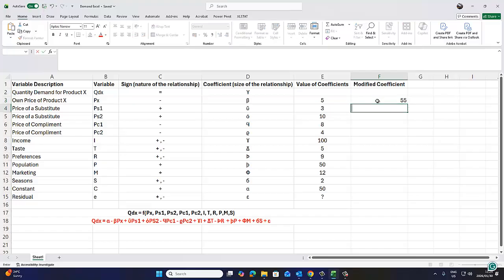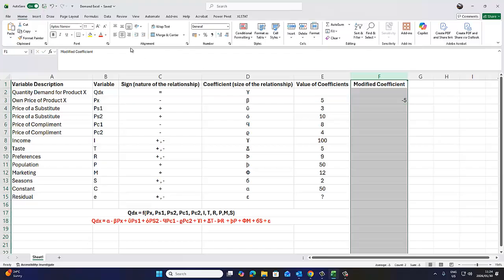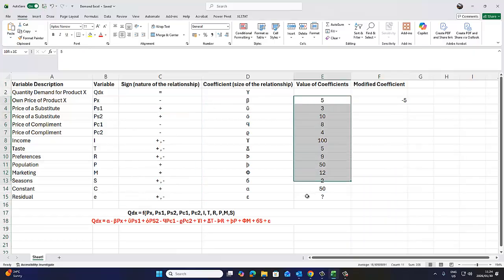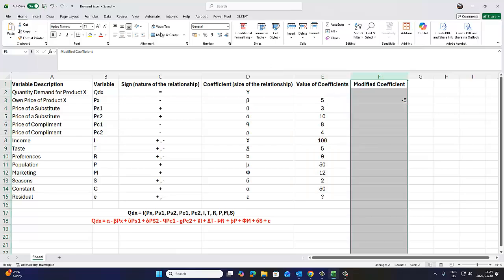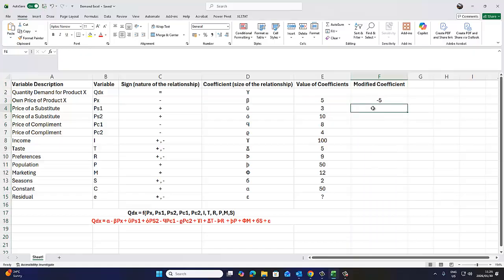I'm adding it because remember, in the interpretation it's separate, but in the calculation, it's combined. In the equation, it's combined. So minus 5. Then plus 3. That becomes 10. That becomes 8.